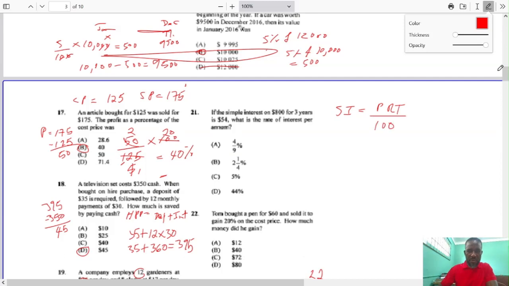So they tell you that the interest is 54, so 54 is equal to principal, which is the 800, times the time. We don't know what the rate is, right? Because that's what they're asking us to find. So let's call it R, times 3. All of that divided by 100.